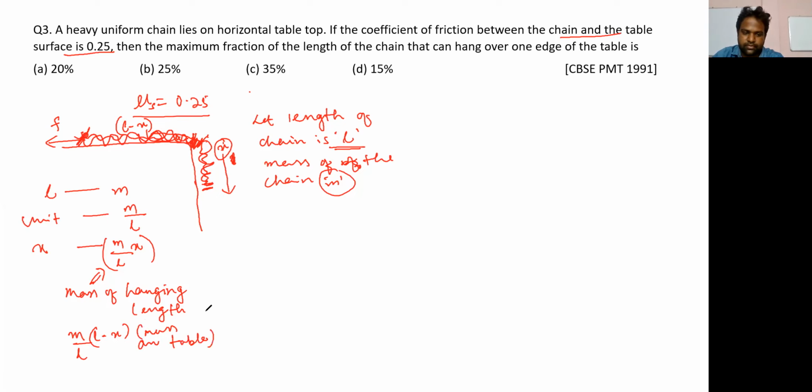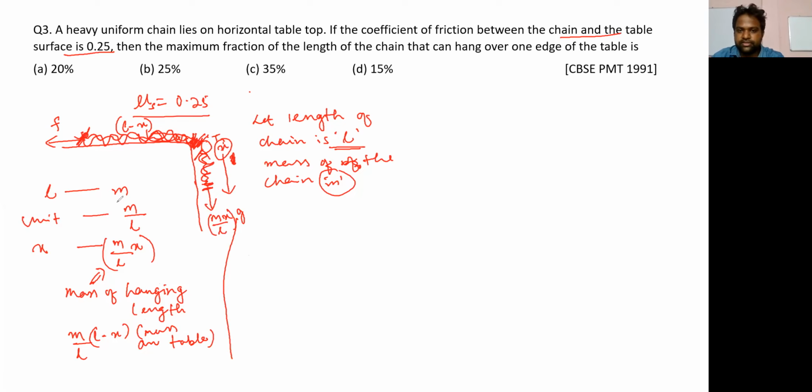Now with this concept we can easily solve this question. How? The mass which is hanging is M upon L into x. So what will be the weight downward? The weight due to this hanging portion is mg, where m is M by L into x, into g, and there will be a tension upward because it's hanging.